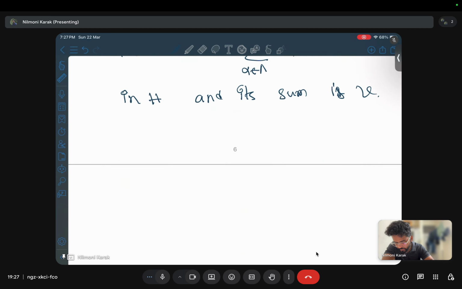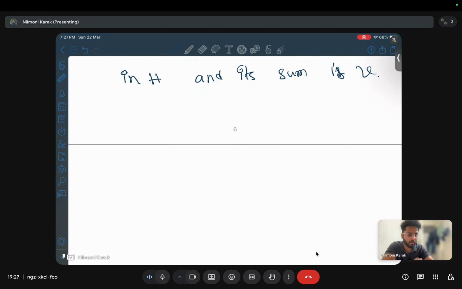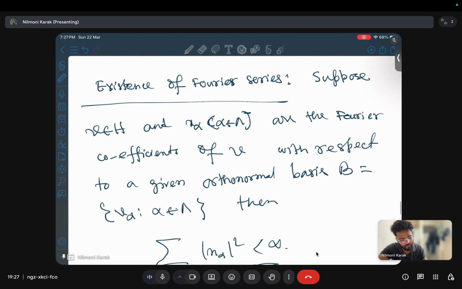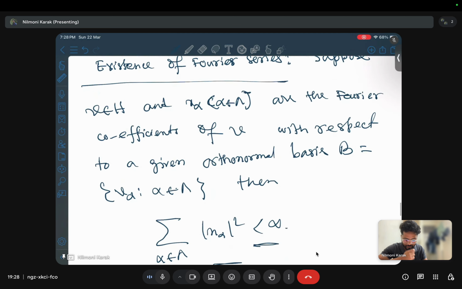So the proof can be found in your lecture video as well as in lecture notes. So this is the existence of Fourier series. This is a theorem.